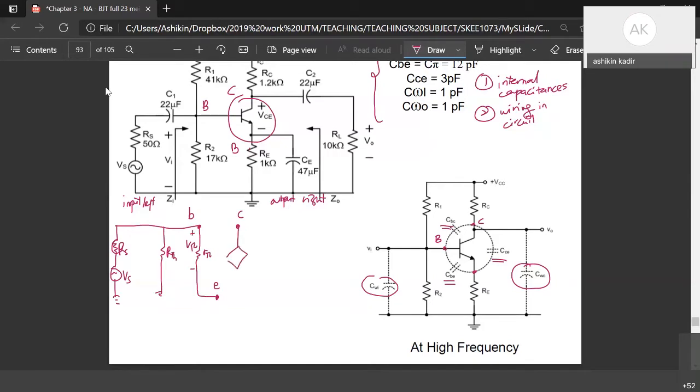Here is C to emitter. So here is the V pi. Emitter, the C is grounded, our short circuit. And then at C, you have RC. And then you have RL. So here is your V out.